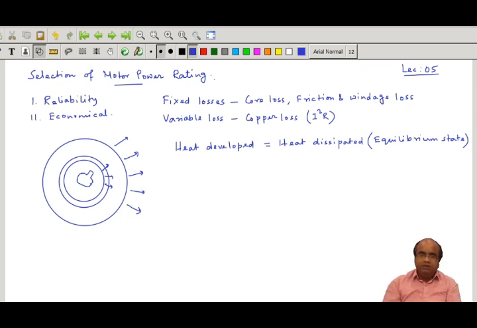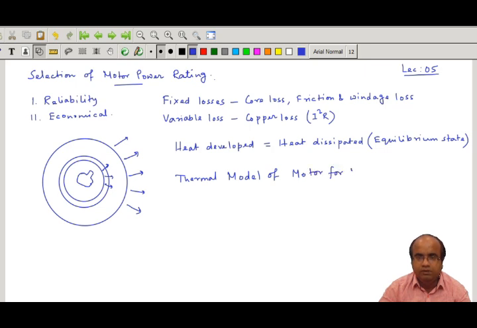Now, it is very important to select the motor power rating. First, we have to derive a thermal model of the motor for heating and cooling.